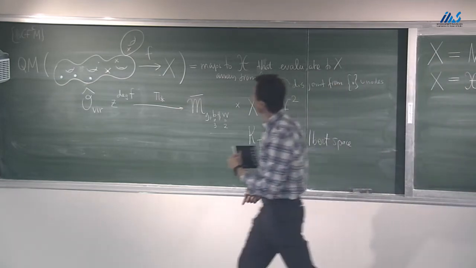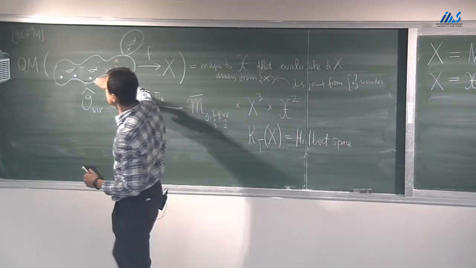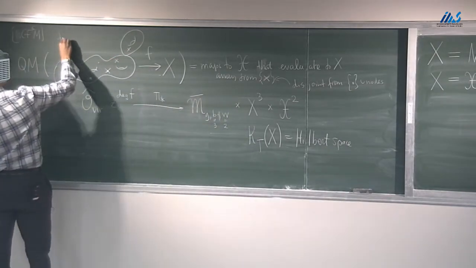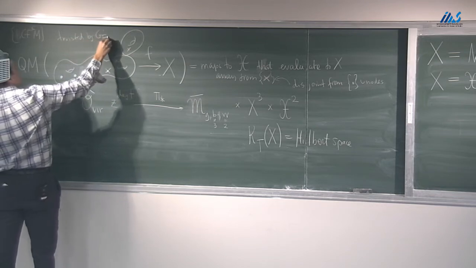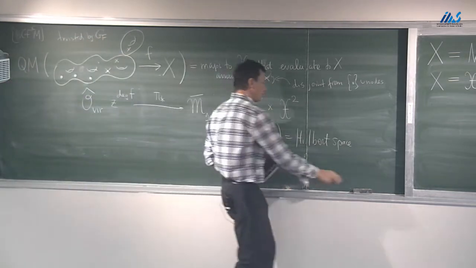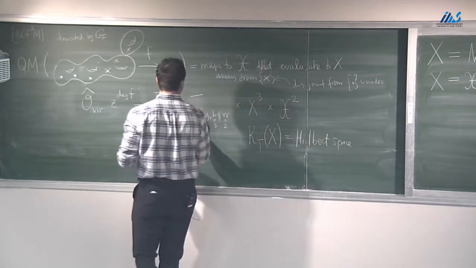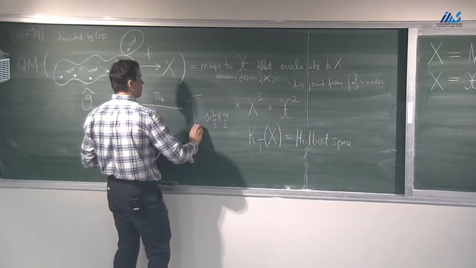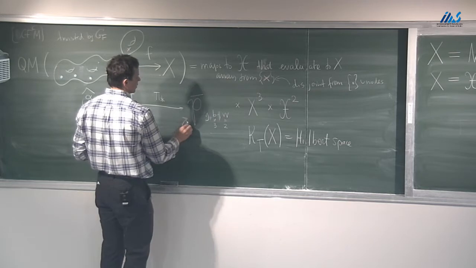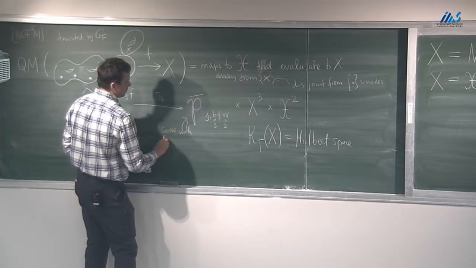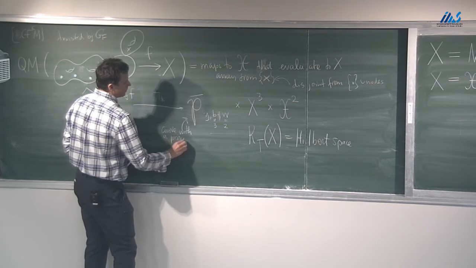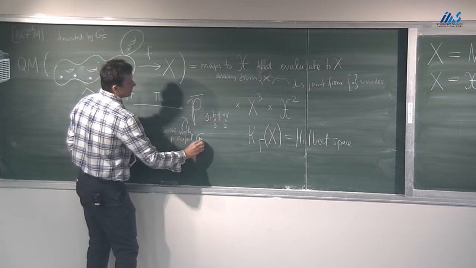So this thing can be twisted by GF, which means you're going to go to some kind of moduli stack of curves with a principal GF bundle.